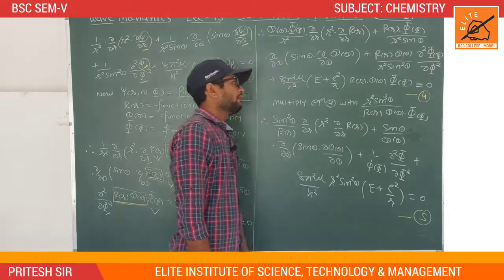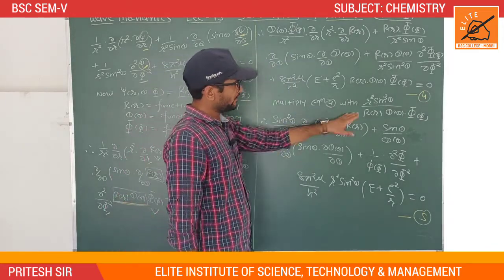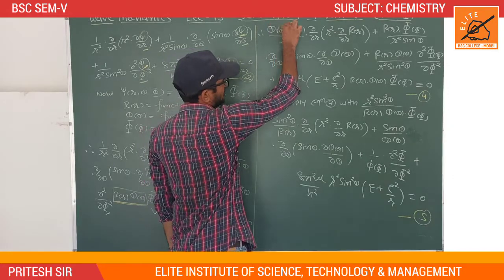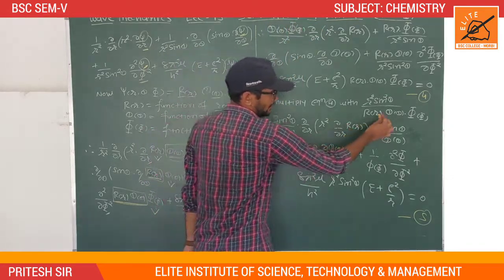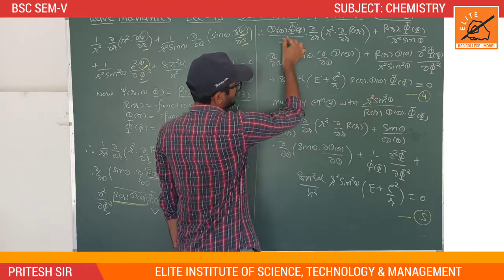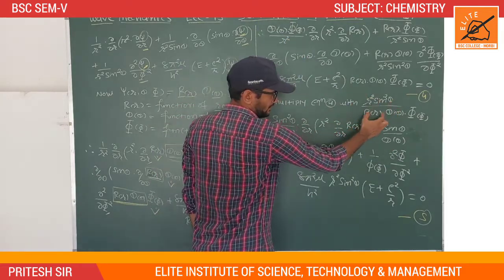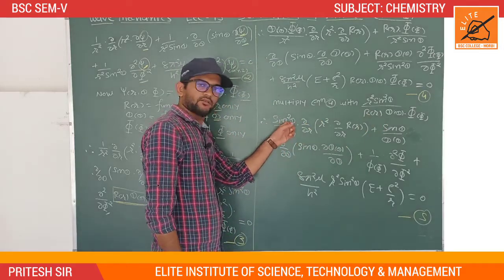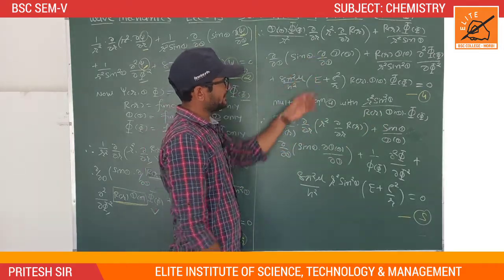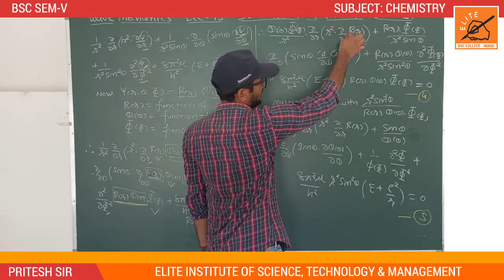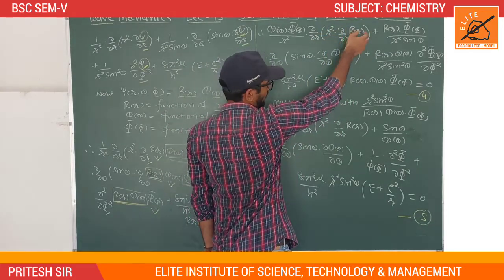Okay, so now multiply equation 4 with r square sin square theta. It means at that time theta of theta and phi of phi cancel, r square also cancels. So the remaining term is sin square theta upon r of r into del by del r, this term remains as it is, r square del by del r of r.